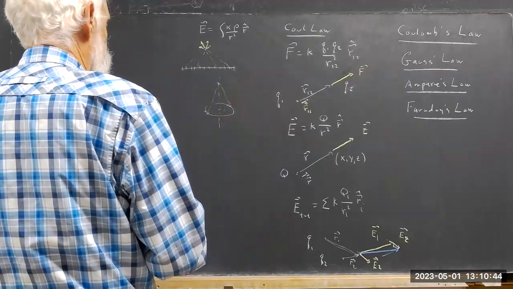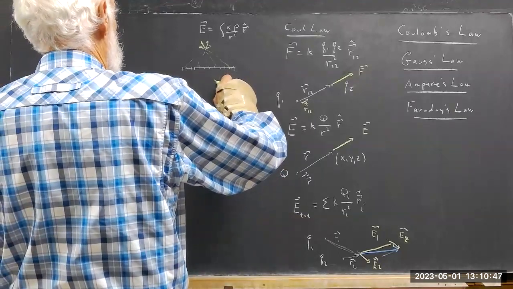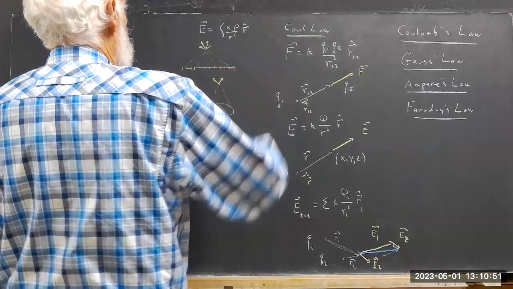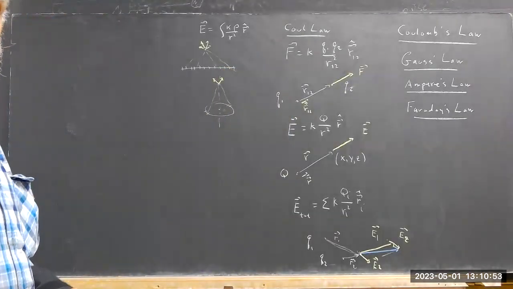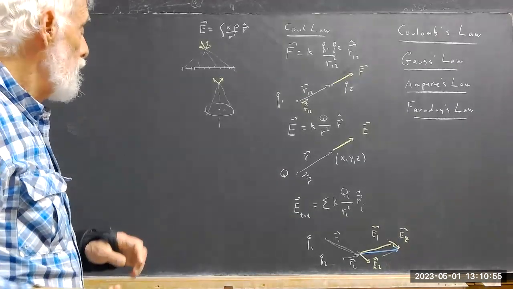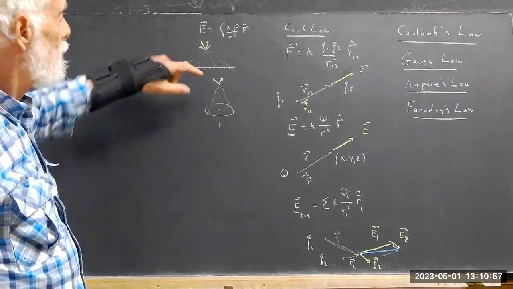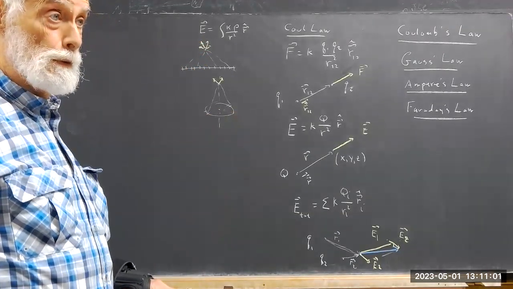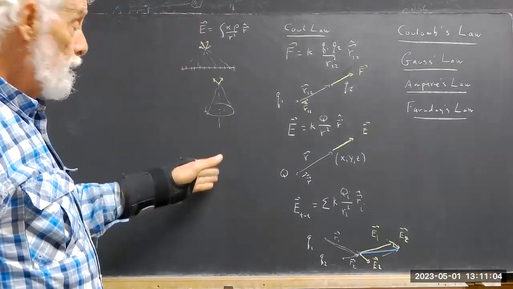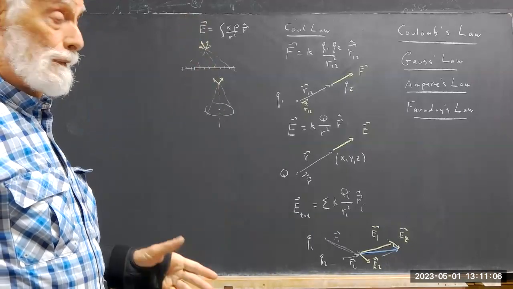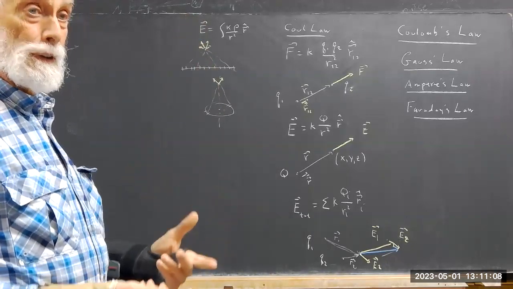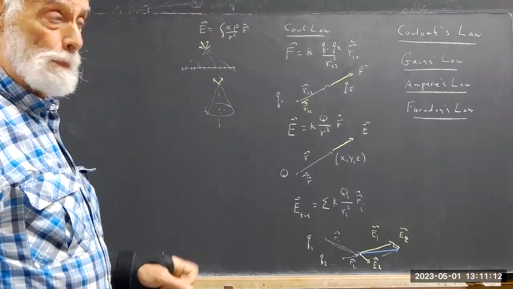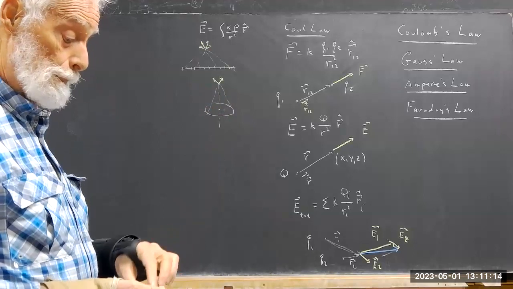You get field contributions for which the component parallel to the plane of the loop, or perpendicular to the axis, cancel each other out, and you just end up with components in this direction, and they all add up.